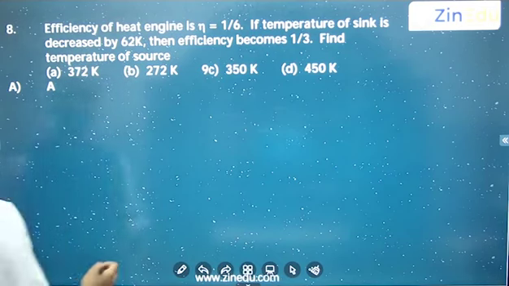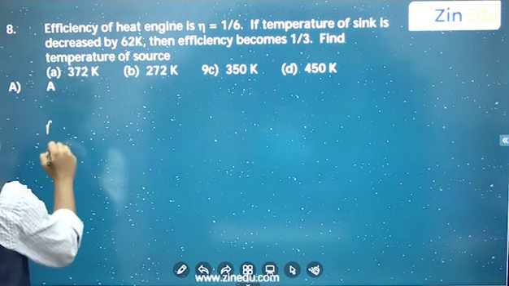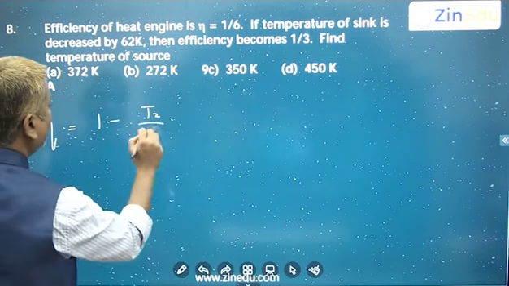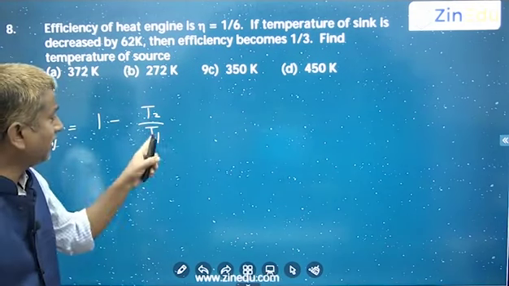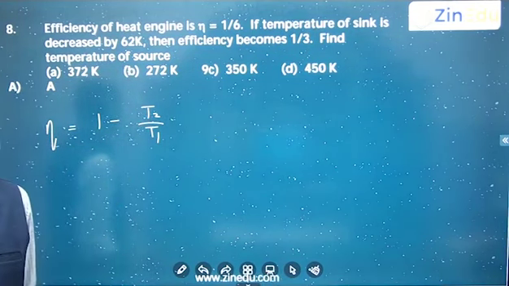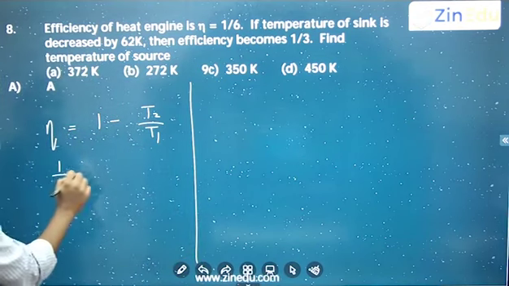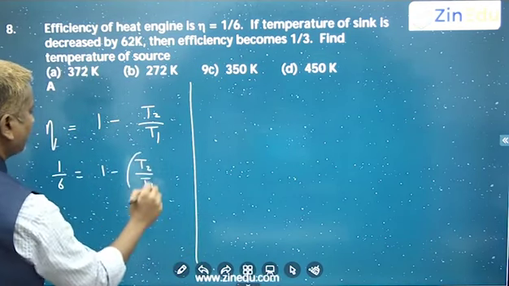So we know that any heat engine, when it is working on a Carnot cycle, its efficiency is given by 1 minus T2 upon T1. Correct? So T2 is the temperature of the sink and T1 is the temperature of the source. Now here this efficiency is 1 by 6 initially, 1 minus T2 by T1 equals 1 by 6.